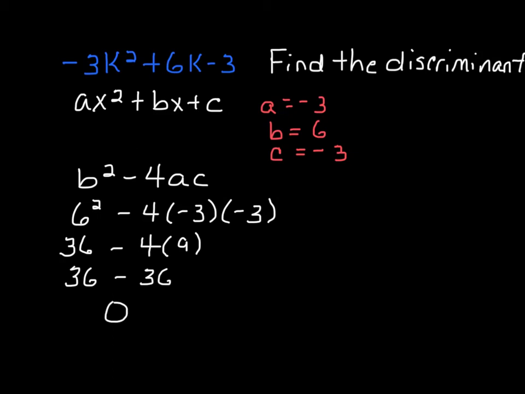The discriminant is equal to 0. That tells us that this particular parabola is touching the x-axis. It's not crossing in two places, and it's not floating above or below.